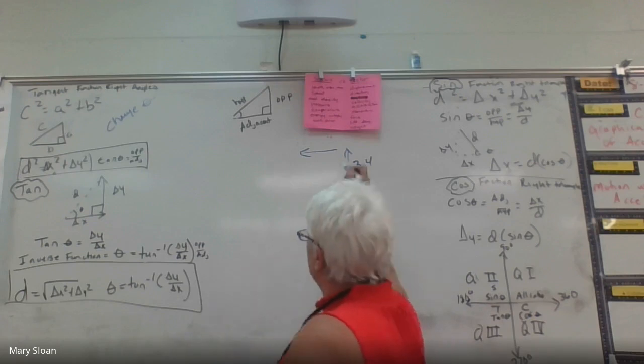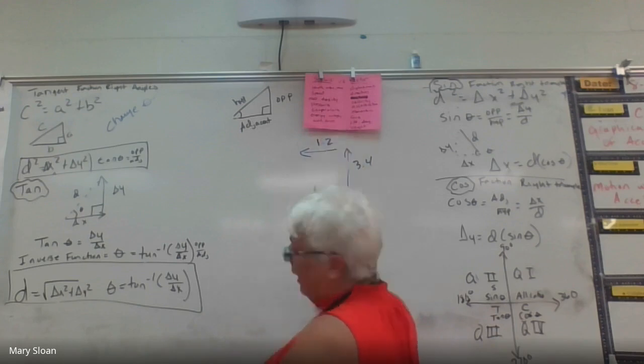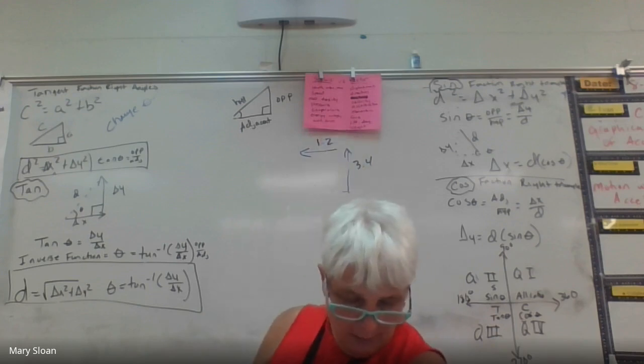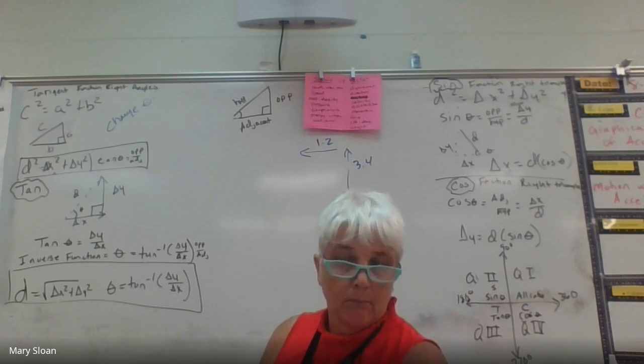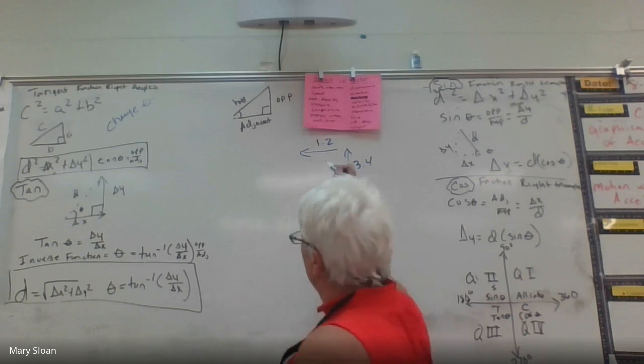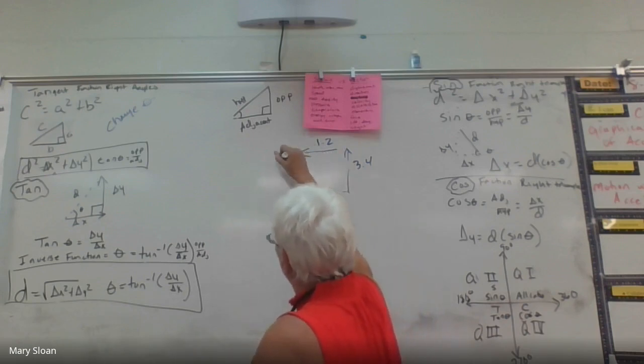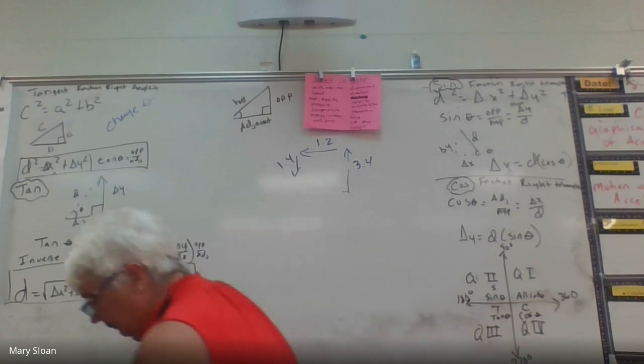Okay, so let's say 1.2. It says when he spots a flower, he drops down 1.4 meters to hover in front of the flower. So we're just trying to find displacement, aren't we? And so he goes down how much? 1.4. Okay.